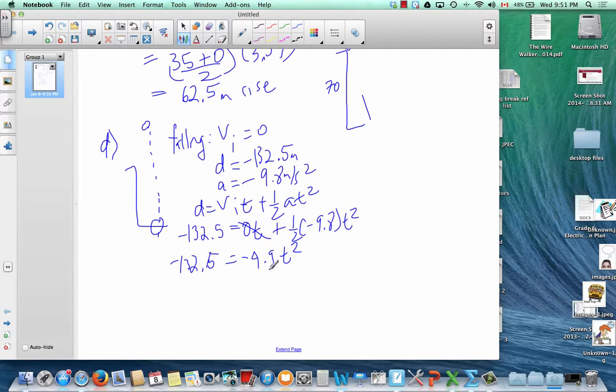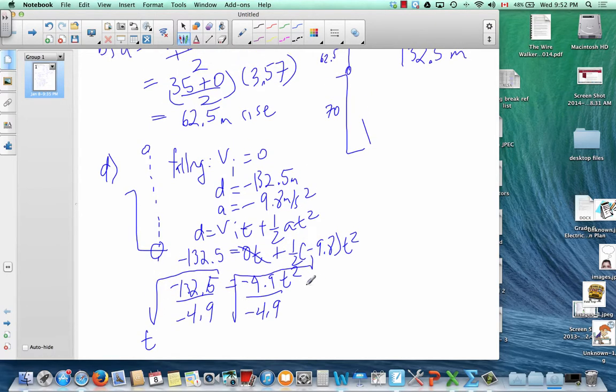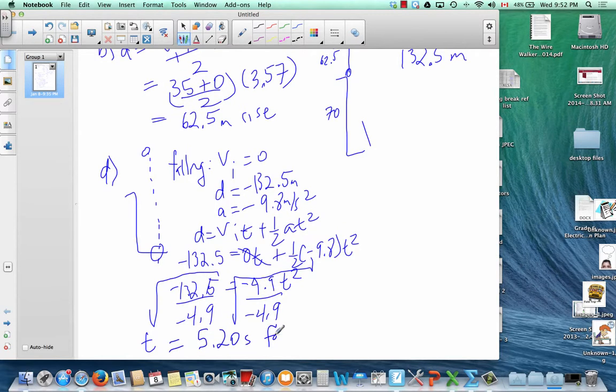And to solve this equation, we're going to divide both sides by minus 4.9. And then we'll take the square root of both sides. So the square root of t squared is just t, and that works out to be 5.20 seconds to fall to the ground.